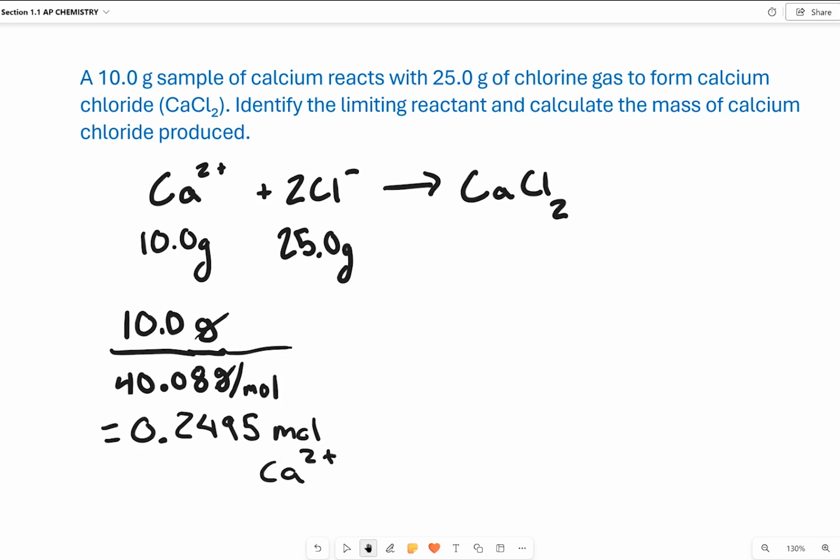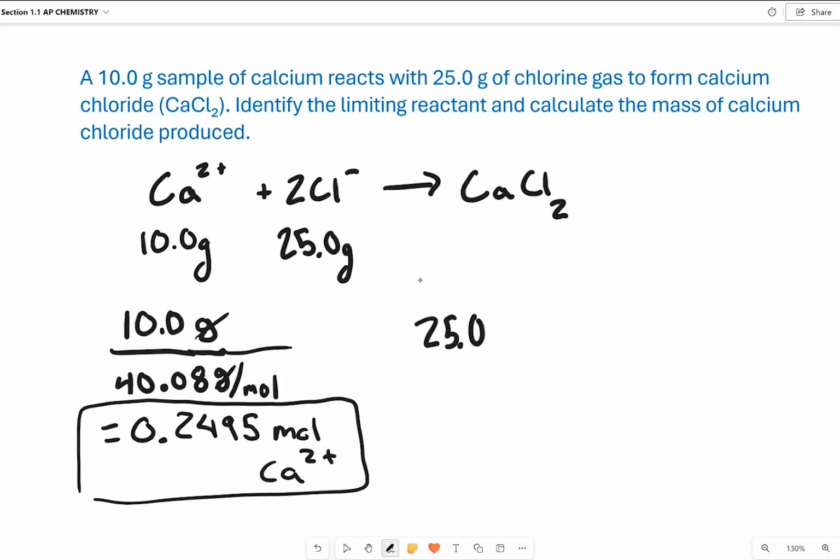I'm going to go ahead and box this. We're going to do the same thing with our chloride ions. We have 25.0 grams of chlorine, and we're going to divide that by the molar mass of chlorine, which is 35.45 grams per mole.